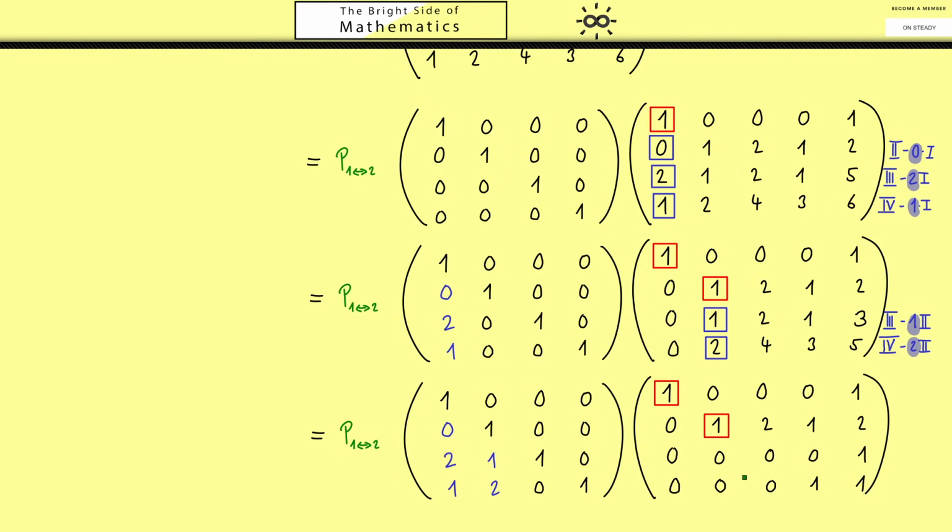Let's go to the third column. Okay, so this is not a pivot, but this is also not a pivot, so there are no pivots in the third column. This means that this column is finished, we have to go to the next column. However, there we also find a 0, which is not a pivot, but there is another pivot below. And with that we know what to do, we have to do a row exchange.